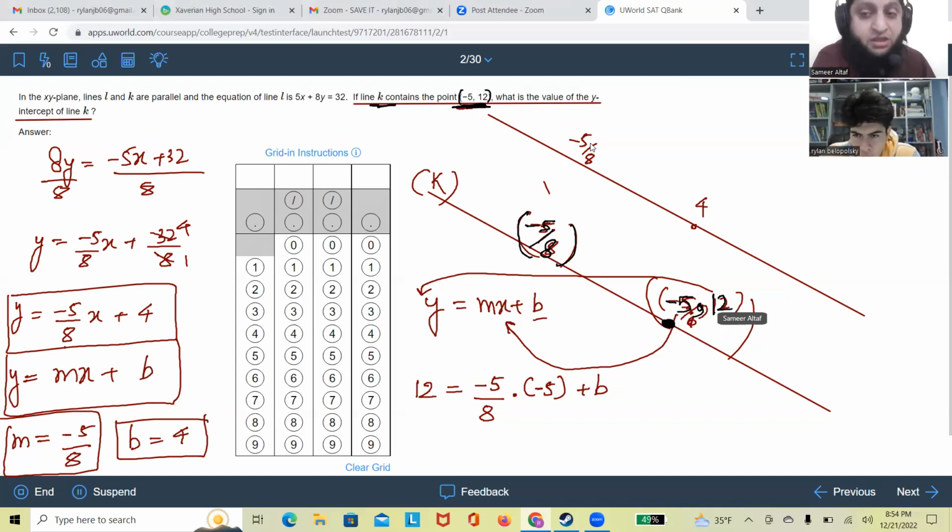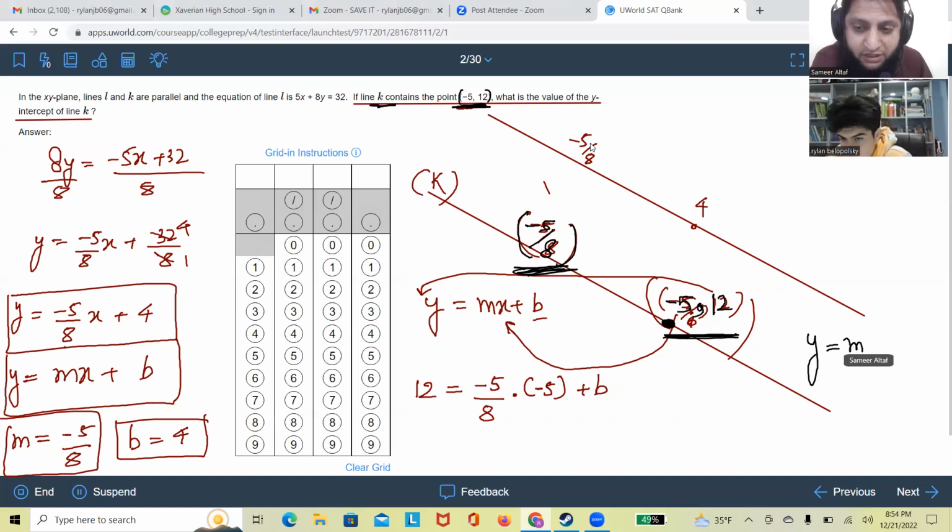So I'm having slope, I'm having 1 point. But with these two things, I want to know what is the y-intercept, where the line is crossing the y-axis. Doesn't that mean it's better to use slope-intercept form? Y equals mx plus b.